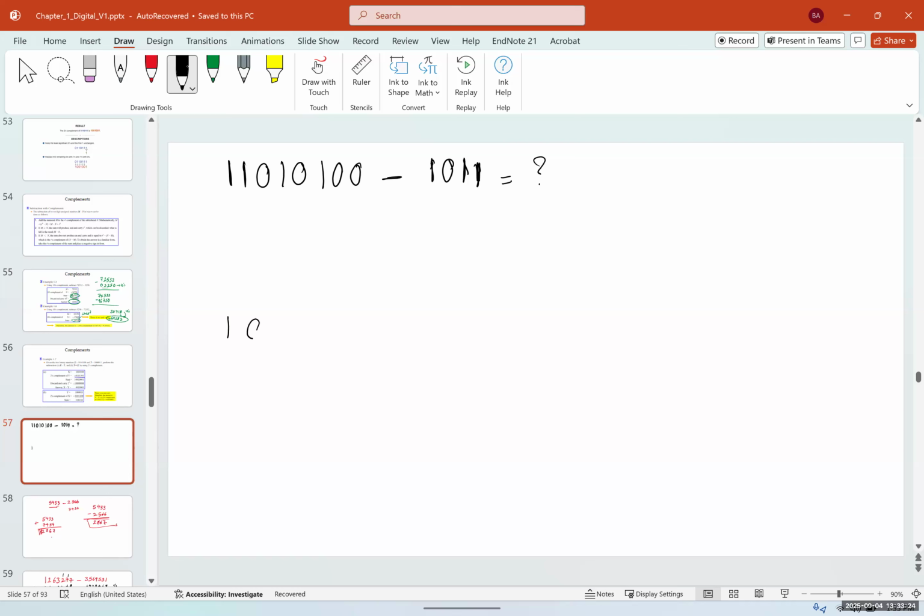And let's do another one. 010010111 minus 11010110. I will give you 7 or 8 minutes to solve this.